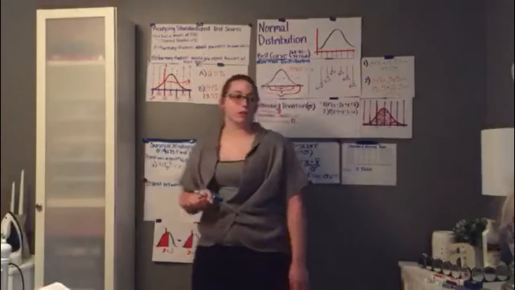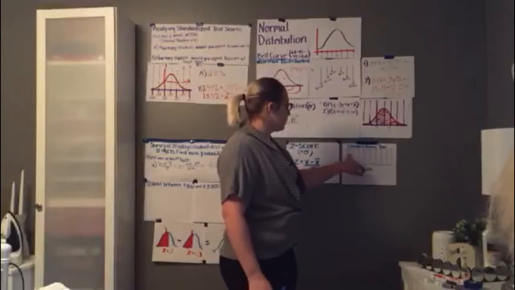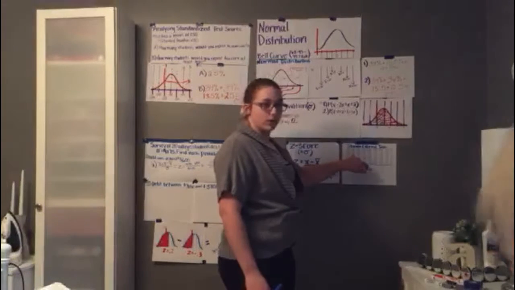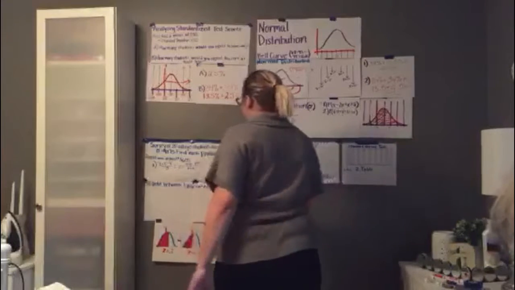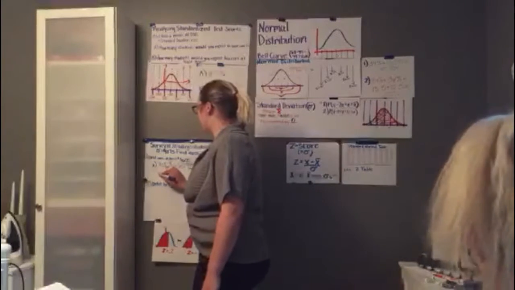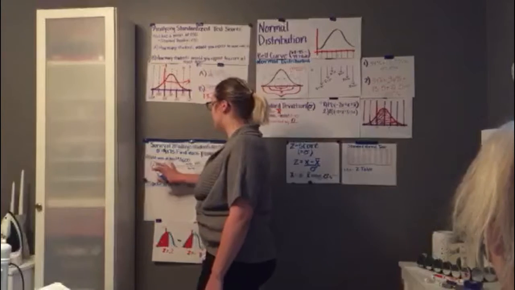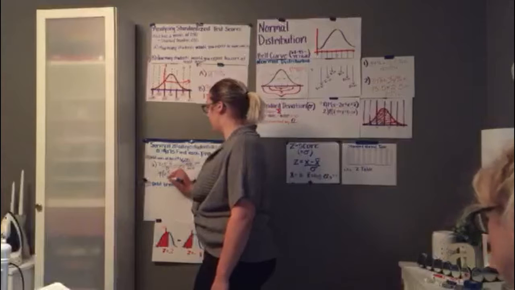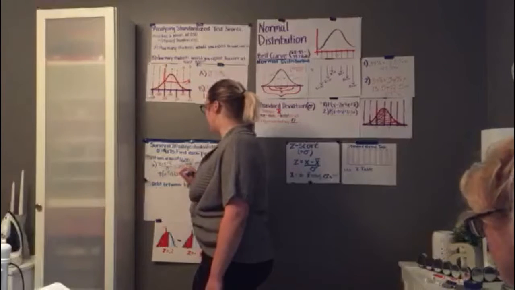To look on our standard normal chart, if you go to 0.1 on our standard normal and it's 0, what number do you find under there? 0.5398. So what we're going to do is rewrite it as the probability that z was at most, which means less than or equal to. So z is less than or equal to 0.1277.